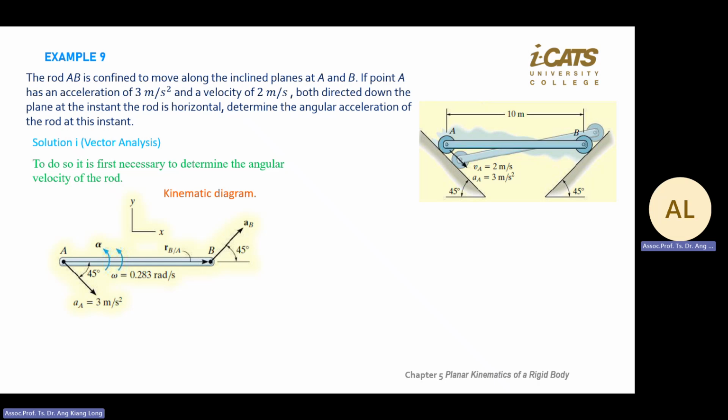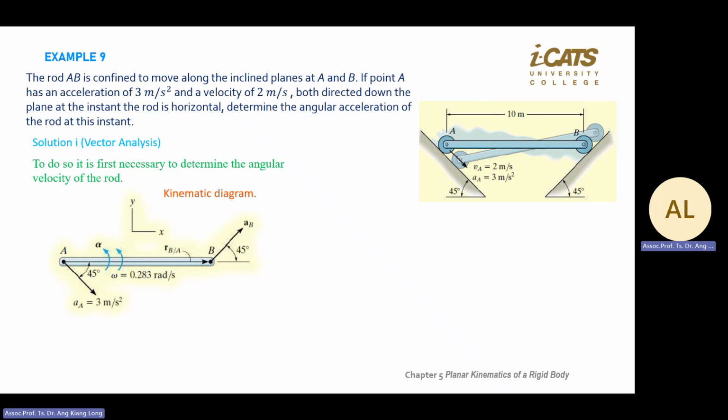Then omega and alpha are anti-clockwise. The value I will give you later. This one you can calculate. And 45 degrees, and the distance is always from A. We always take the first point on the diagram.